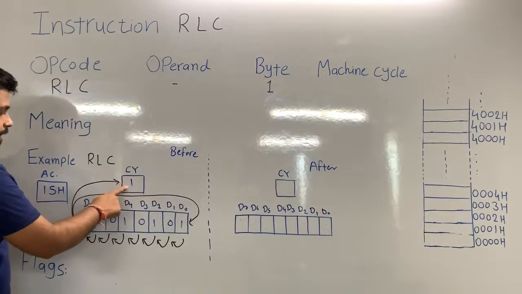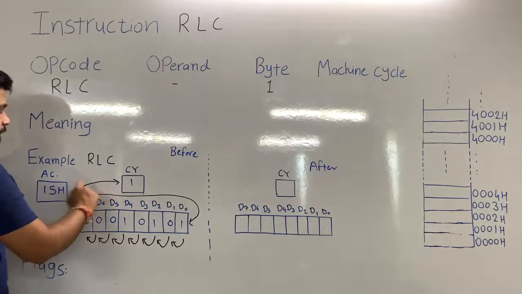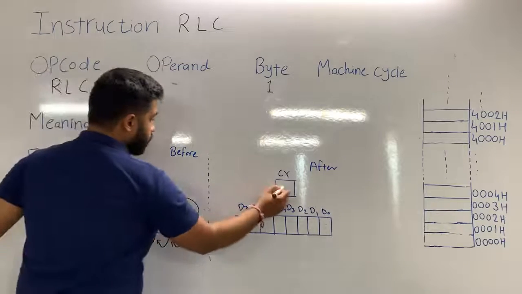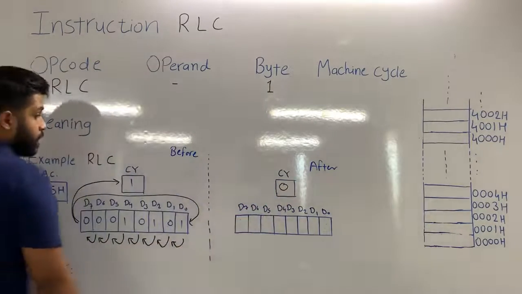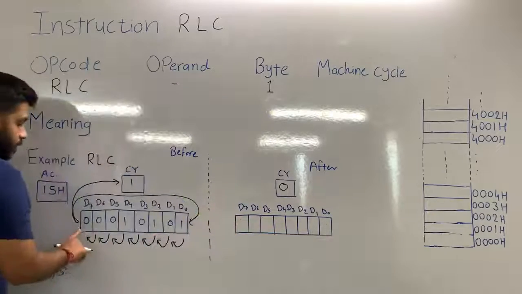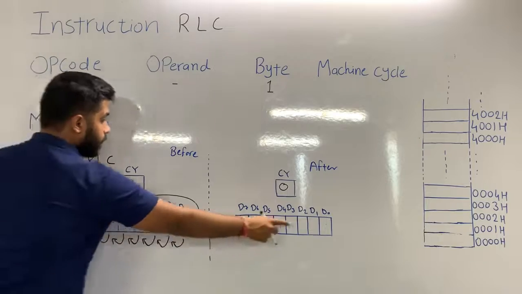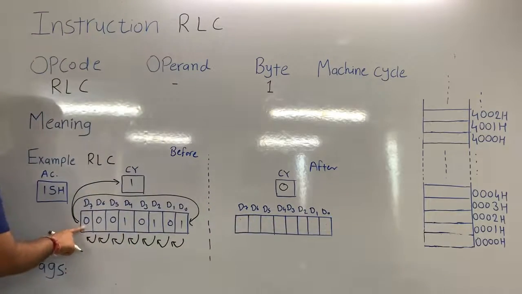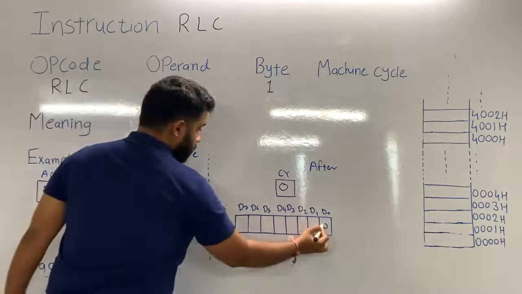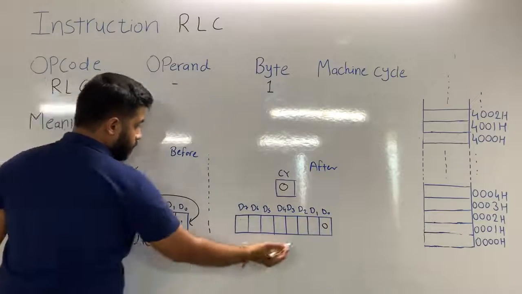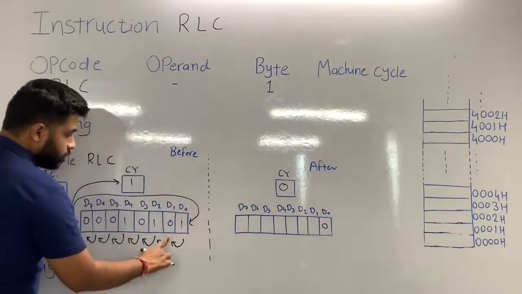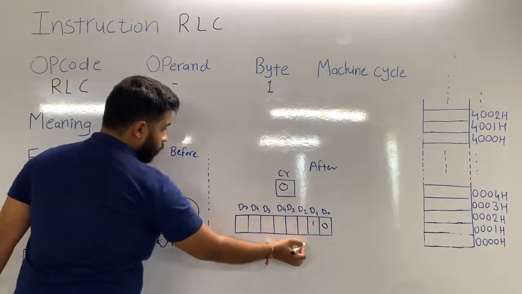You can see that in the carry the value is shifted from D7. So in the carry 0 will be present. In the D0 the D7 is shifted to D0. So what will be the value in D0? In the D0, 0 will be present. In the D1 the value of D0 is shifted to D1. So in the D1 there will be 1.